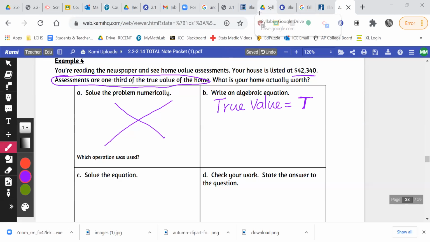Okay, when I look at this one, it says assessments are 1/3 of the true value. So your assessment of 42,340 is 1/3.